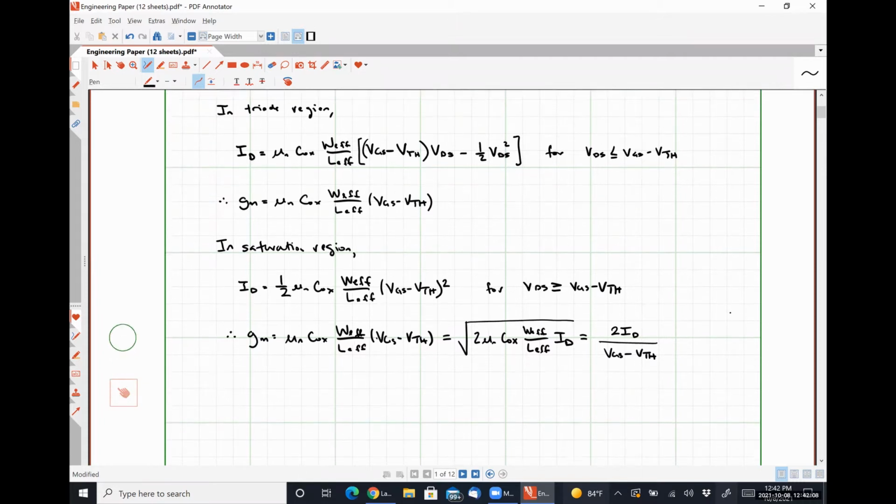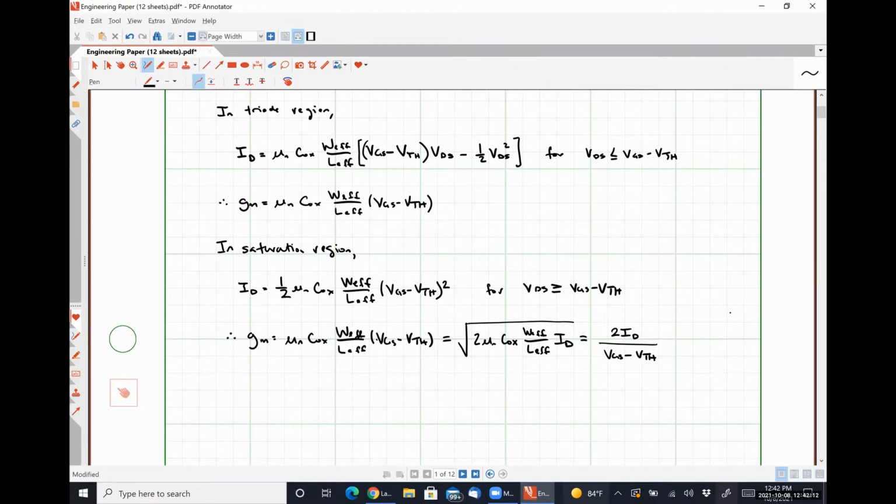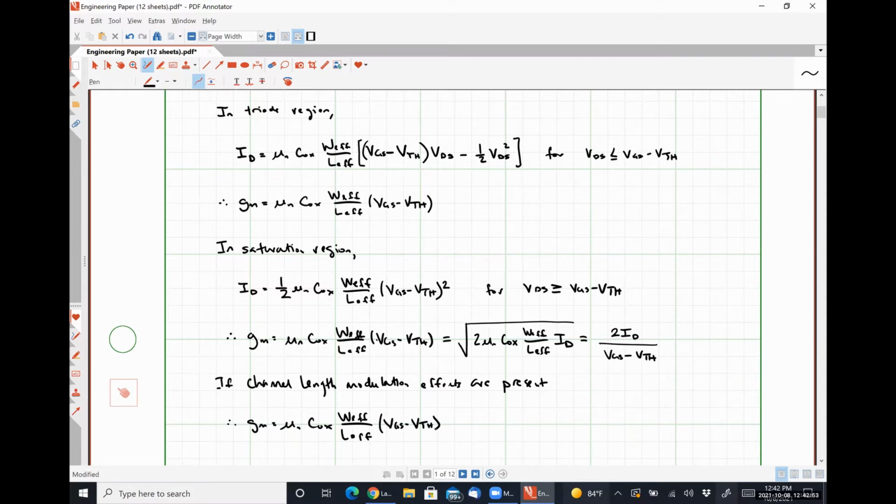In the event that channel length modulation effects are present, we have mu n Cox W effective over L effective times VGS minus VTH times that channel length modulation addition, 1 plus capital lambda times VDS minus VDS set.